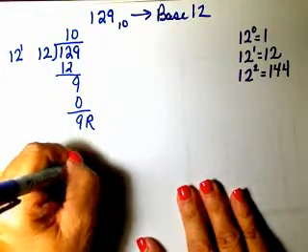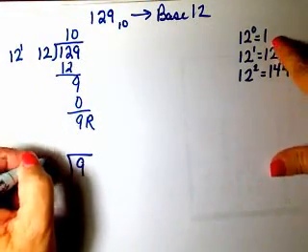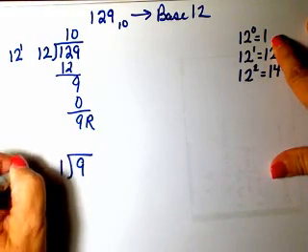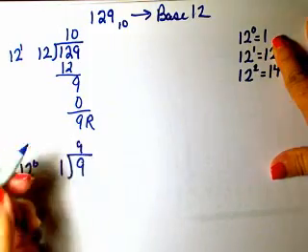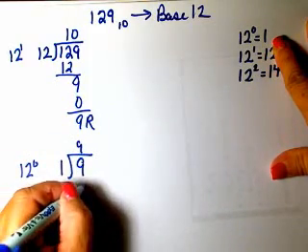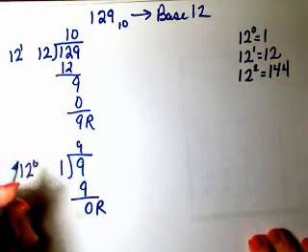Alright, then I take my 9 and divide it by 1, which is 12 to the 0 power. So 1 into 9 is 9, 1 times 9 is 9. Subtract and get 0 remainder.